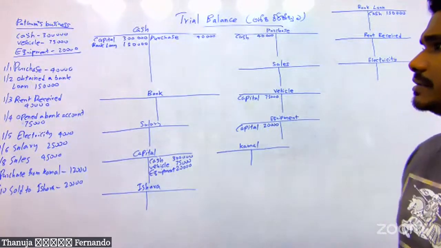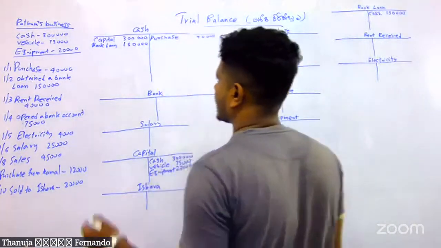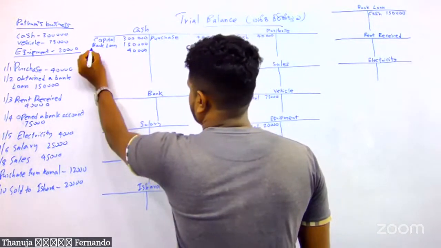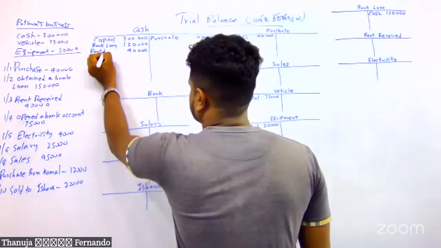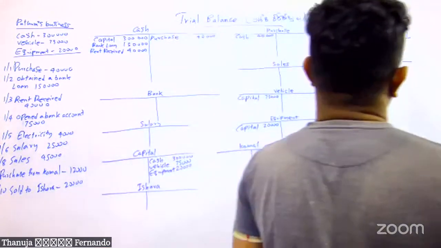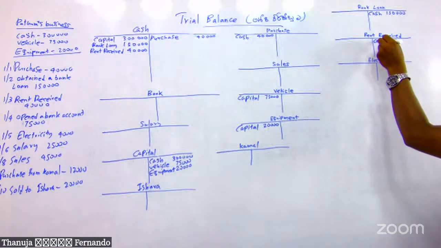Then rent received is an income. When we receive cash, increasing, debit 40,000 as rent received. Rent received is an income, so increasing income, credit 40,000 as cash.